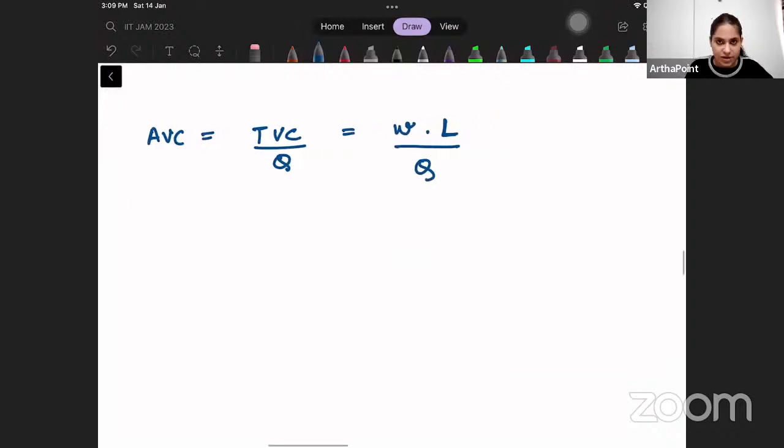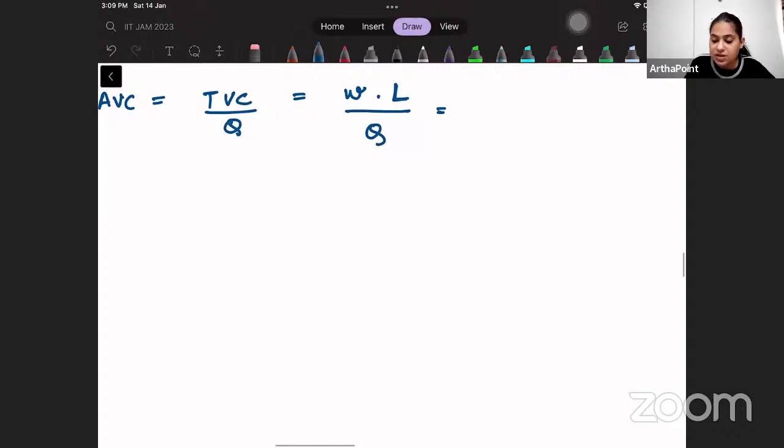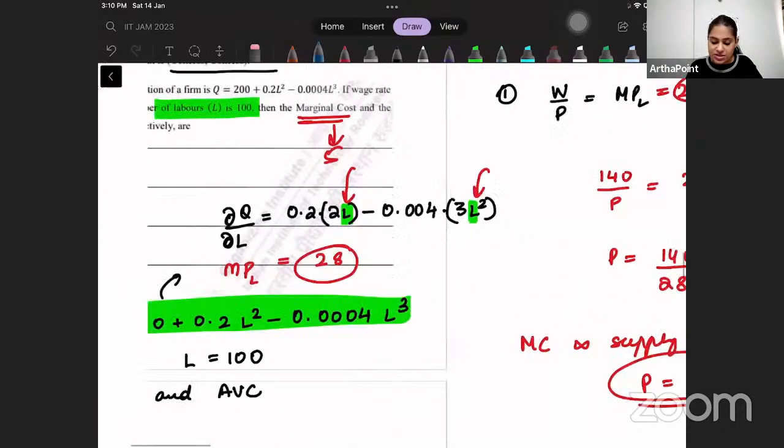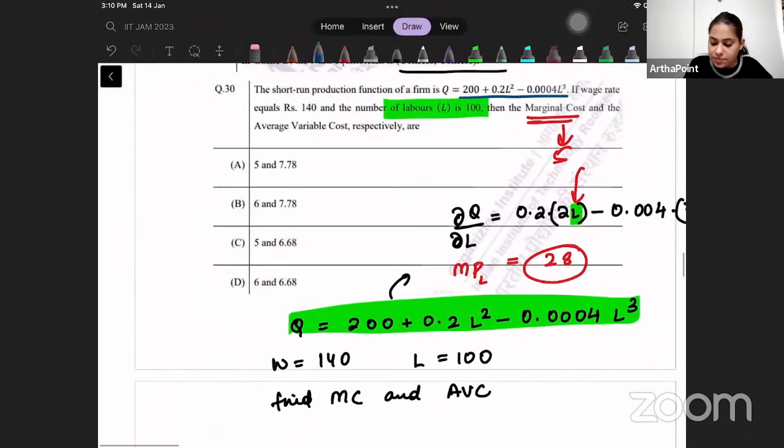Each unit of labor, the wage rate that I am giving, is given to me as 140. The number of labor given to me is 100, divided by Q. Now this Q is given to you. What is this Q exactly given to you as? This function is given. In this Q I can put L and get the value of quantity.